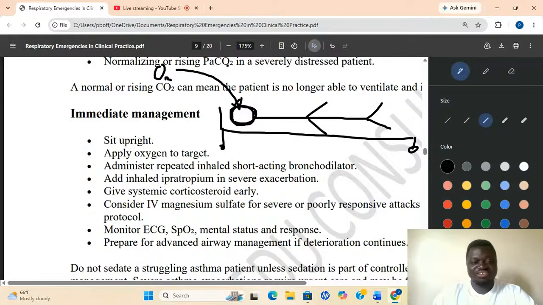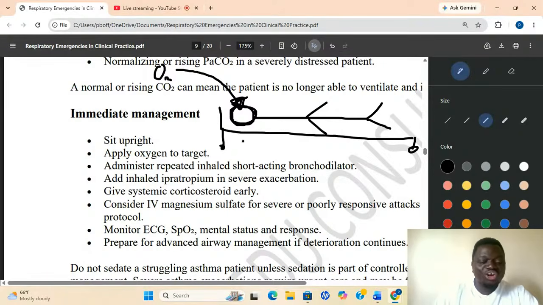Is it advisable to give oxygen to this respiratory distress patient in a supine position? That is the question you should ask yourself.